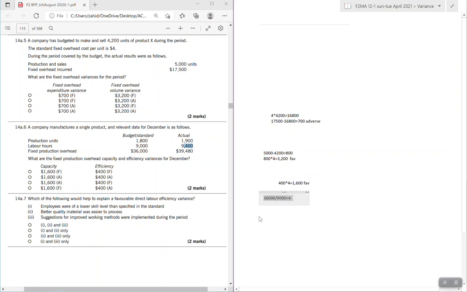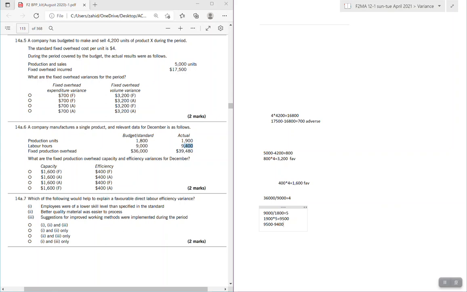Next we have efficiency. Efficiency is the time that we should have taken and the time that we have actually taken. So 9,000 hours for 1,800 units would mean 5 hours per unit. So if 1,900 units are produced, 5 would mean 9,500 hours. We should have taken more time, but we have actually taken less time. In capacity, more time is good. In efficiency, less time is good. Capacity is time worked. Efficiency is time taken.